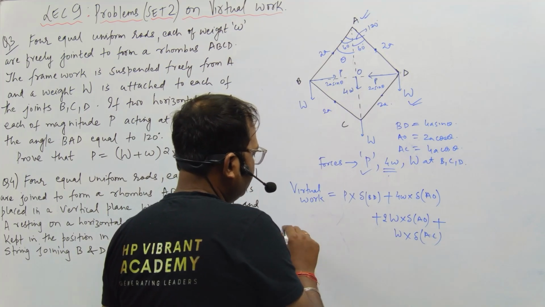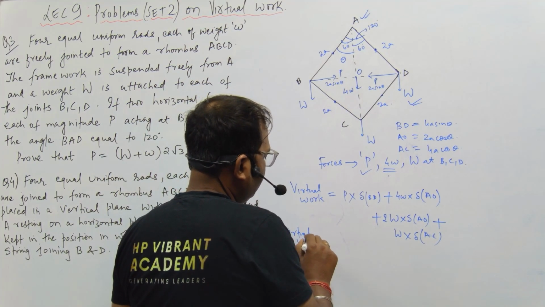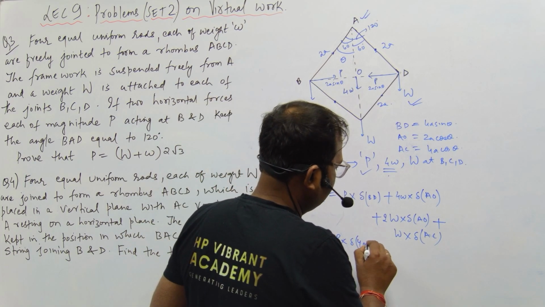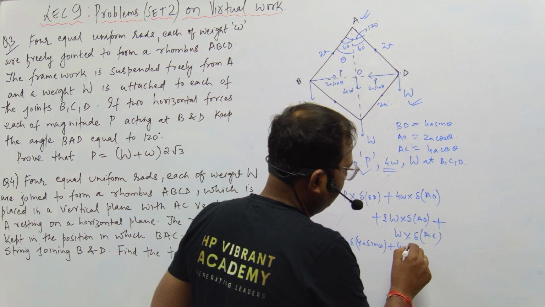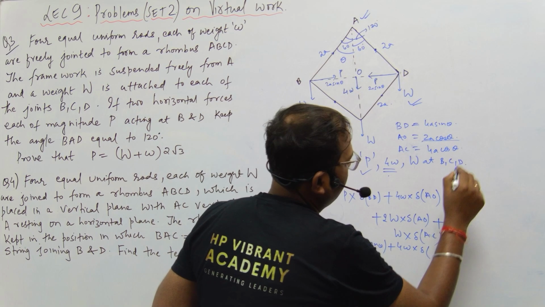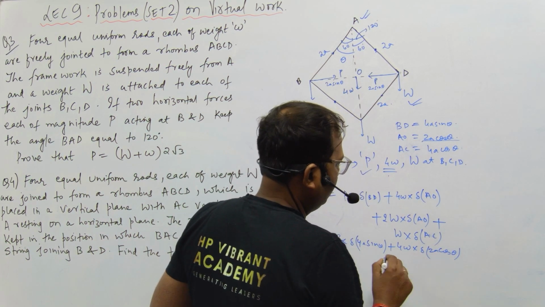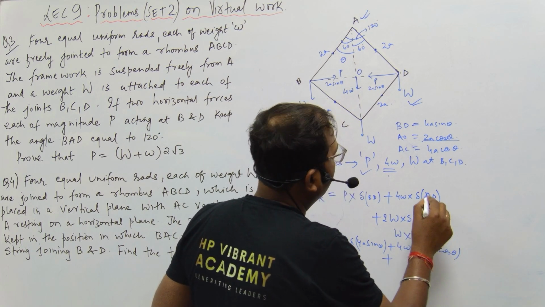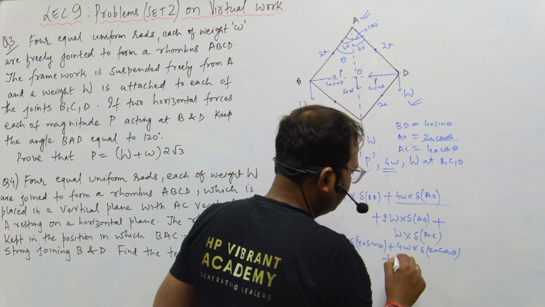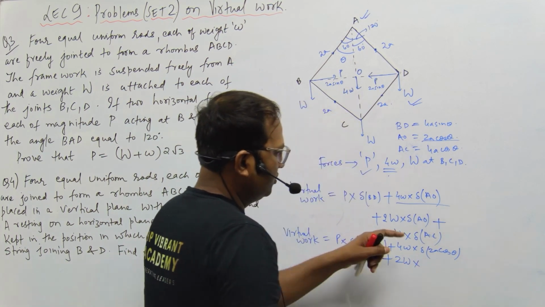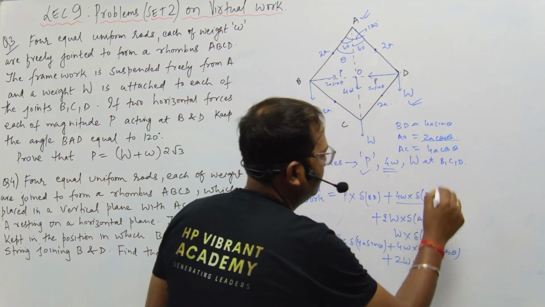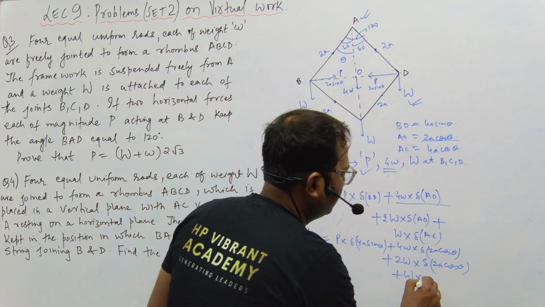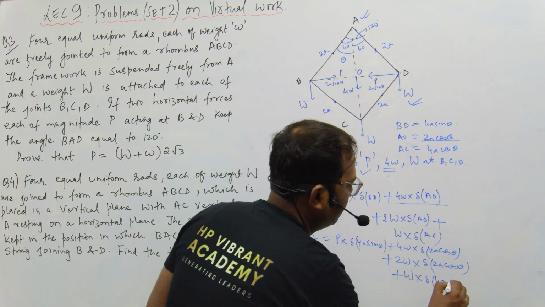So we have virtual work is equal to P times the change in BD, which is 4A sin theta, plus 4W times the change in AO, which is 2A cos theta, plus 2 capital W times the change in AO, which is 2A cos theta, plus capital W times the change in AC, which is 4A cos theta.